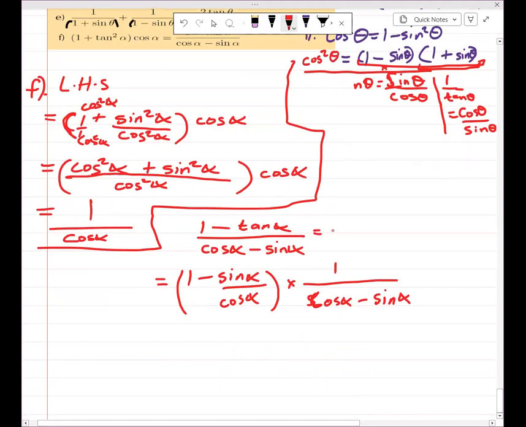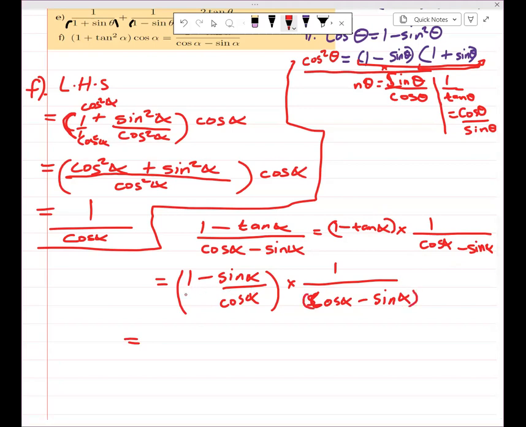It's like basically writing this as this. It shouldn't confuse you. At the top, you have 1 minus tan alpha. Then you multiply by 1 over what is at the bottom, which is cos alpha minus sine alpha, but this must be in brackets there. Do you see it? Awesome. So now here I need to do LCD. This one is in bracket.